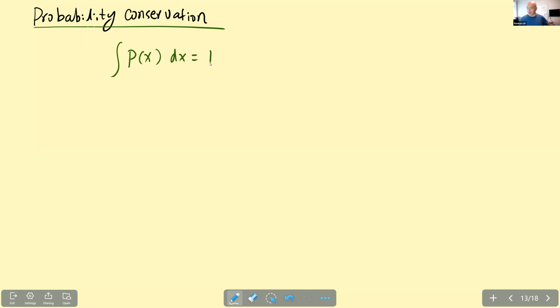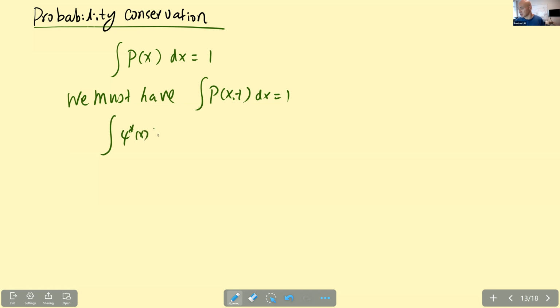And then we must have the time dependence of this one always be 1. So you do the integration of psi star of x,t and psi of x,t, this should be always 1, because the probability should be conserved.